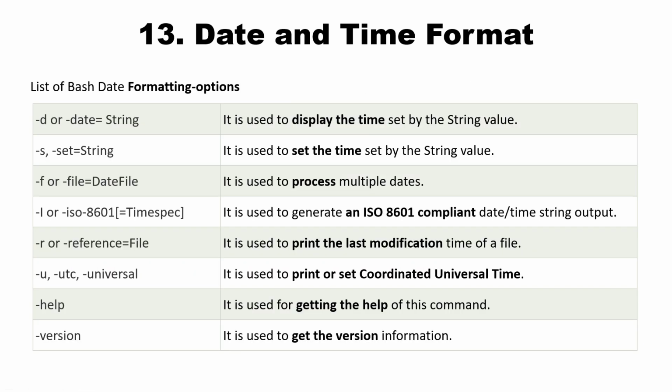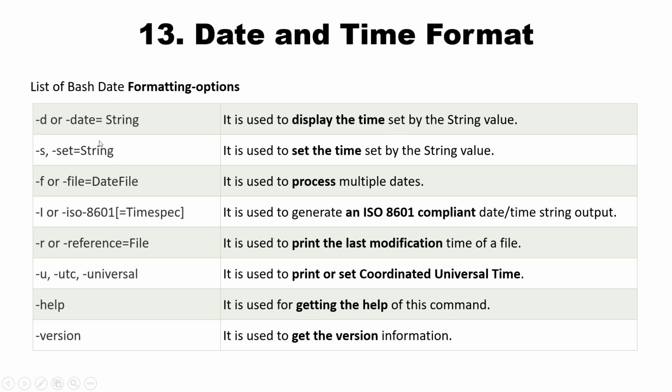These are some of the formatting options that you can use with the date command in bash. When you use -d or --date, it is used to display the time set by the string value. So we can have a time saved in this string variable, then we can use it to display the time.